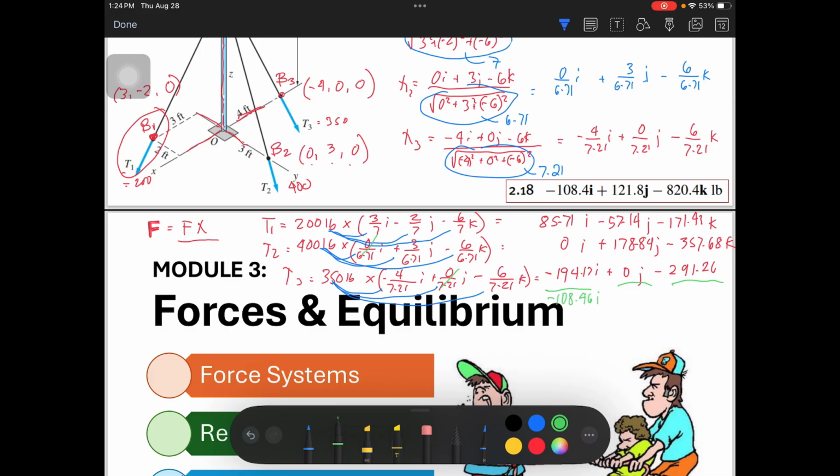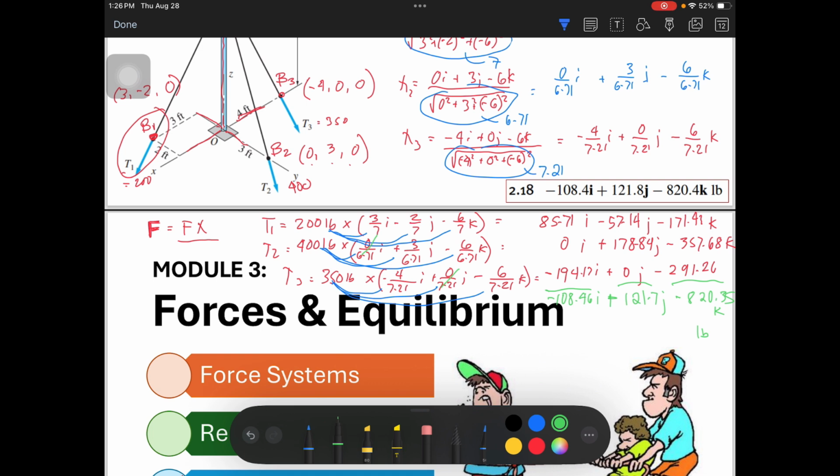Then, mga kasama ng J, that's negative 57.14 plus 178.84. That is positive 121.7 j. And then lahat ng kasama ni K, negative 171.41, so it is negative 820.35 k. So all in pounds.